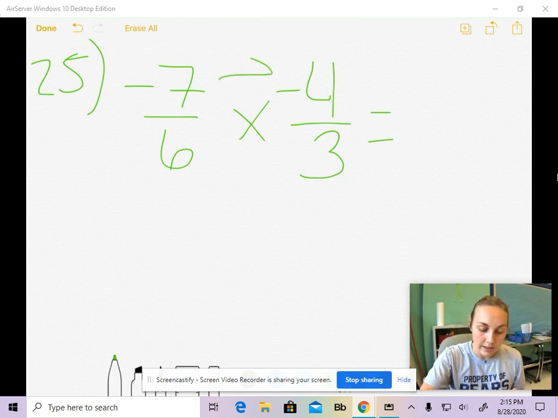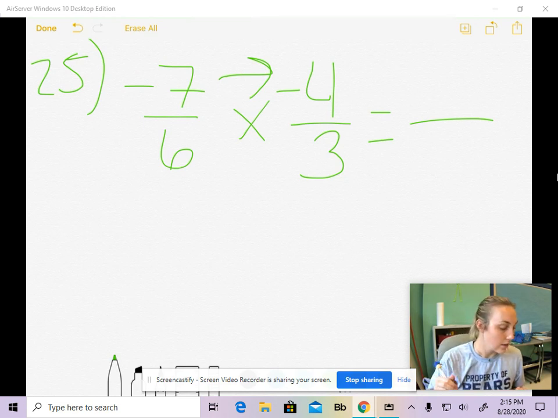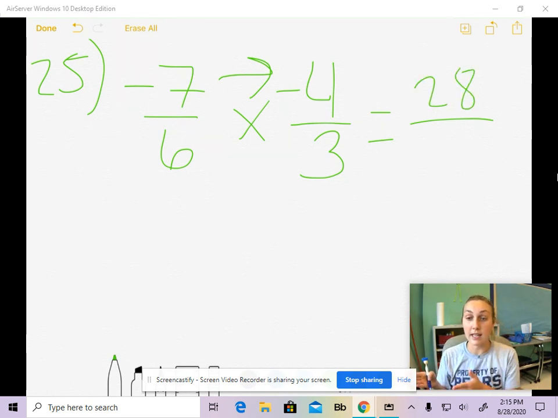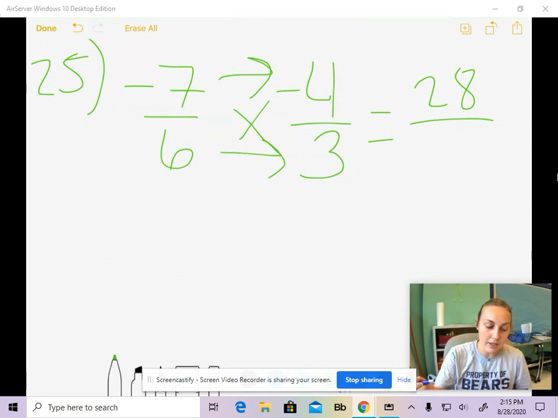So again, with multiplication, we just have to multiply across. The numerator times the numerator, or -7 times -4, is going to be a positive 28, all right? Because a negative times a negative is always going to be positive. We'll get into that more later on in the year. And then 6 times 3 is going to be 18.